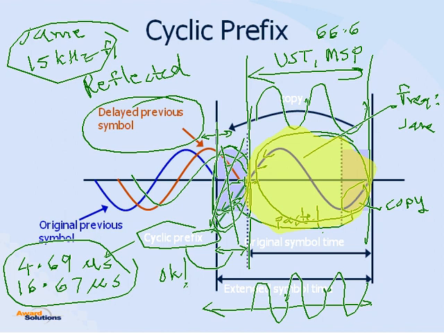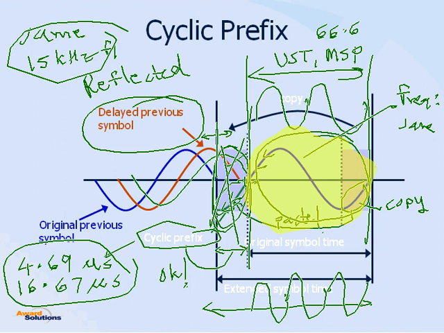So one simple way to take care of these multipaths is to discard the cyclic prefix. A more advanced receiver will do some additional processing. Maybe we do not need to discard the whole cyclic prefix. Maybe 50% of the cyclic prefix is good enough at a given time instance. So a more advanced receiver may do some more processing, but the easiest way is just to discard the CP at the receiver. So that is correct.